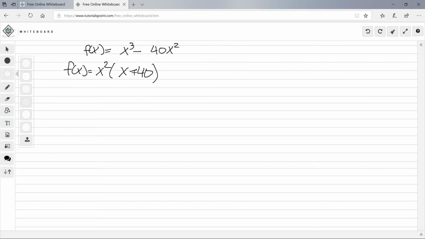So now let's look at the x-intercept. If we set x minus 40 equals 0, and then x squared equals 0, our x-intercept is going to be (40, 0), and how did we get that?